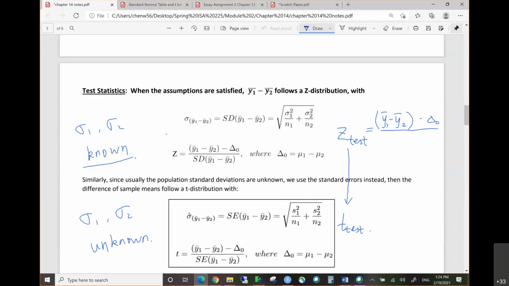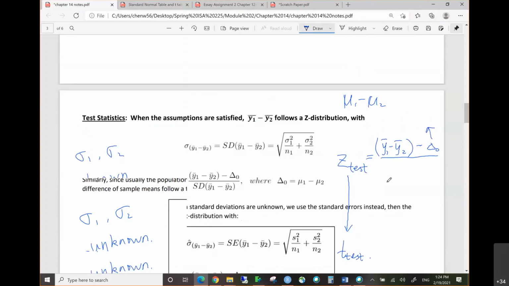So what is this y1 bar minus y2 bar? It's the difference between two sample means, right? So this is the sample mean of sample 1. This is the sample mean of sample 2. Right, so we want to test about mu1 minus mu2. Then here will be the sample mean 1 minus sample mean 2, right? Minus delta 0. So what is delta 0 again?